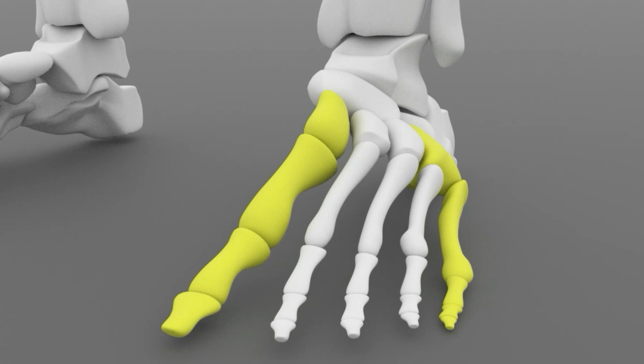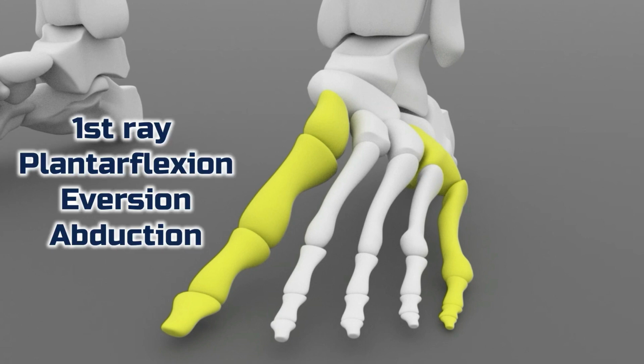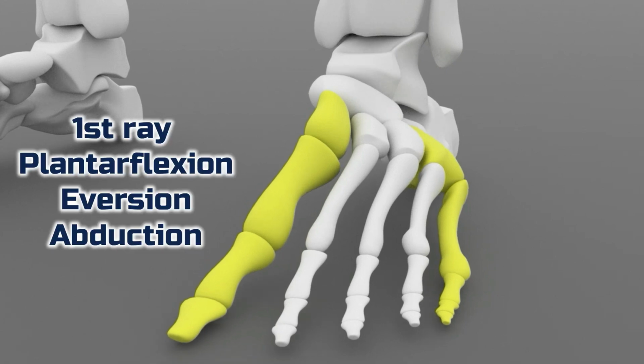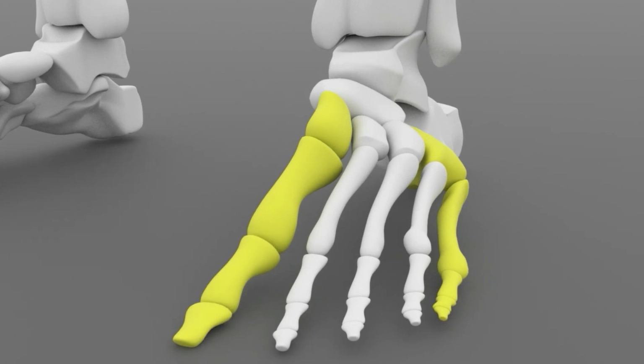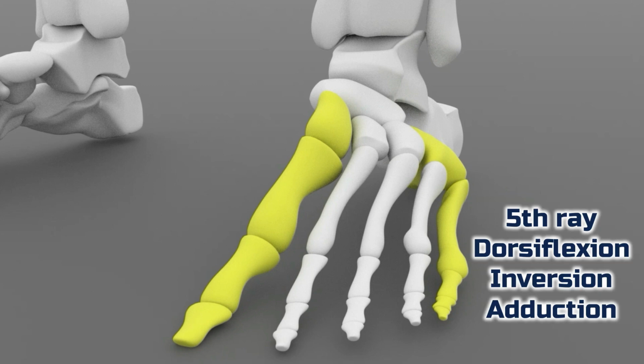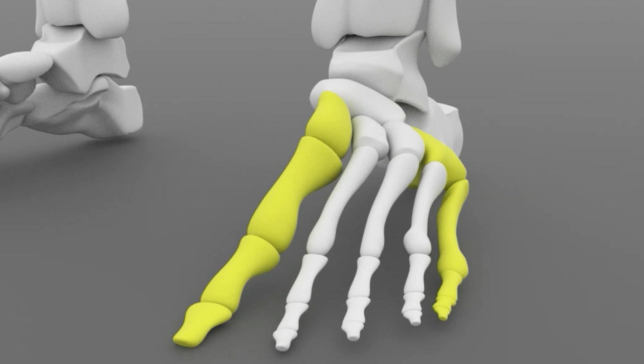And because of this, the talonavicular supination will result in the first ray plantar flexion, eversion, and abduction, while the calcaneocuboid supination will result in the fifth ray dorsiflexion, inversion, and adduction to allow the medial border of the foot to be flat on the floor.